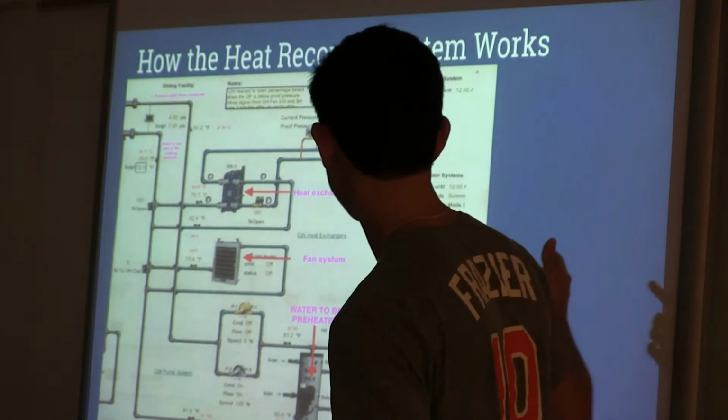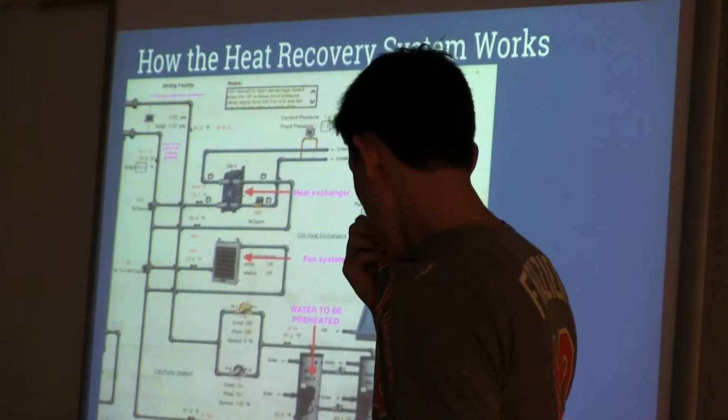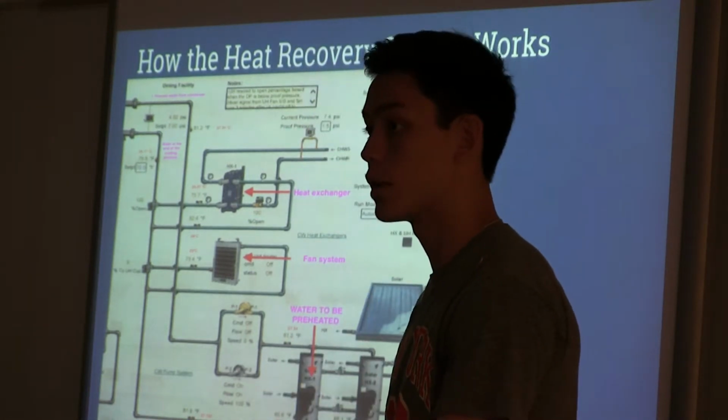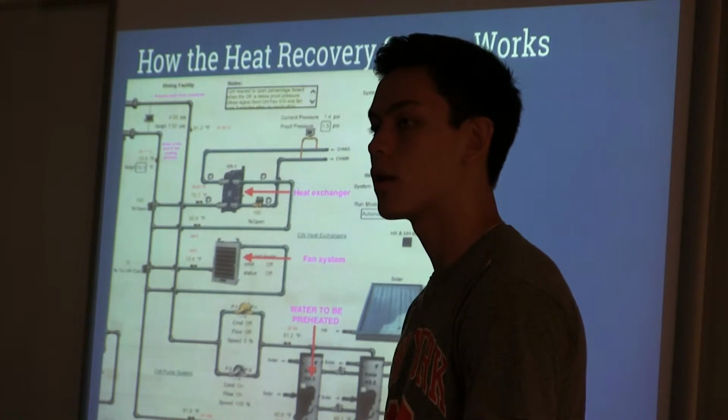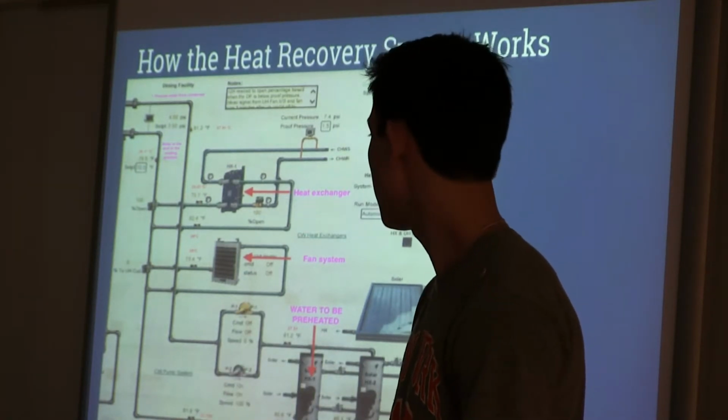At that point, the water continues, and depending on the time of year, it'll either go through a fan system, so when the air is cold in the winter and in the fall, that air will be used to further cool that process water, so it's losing heat.